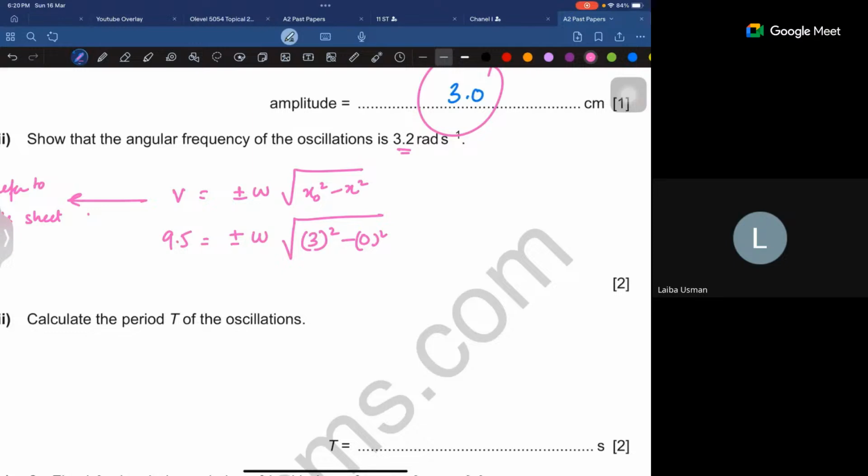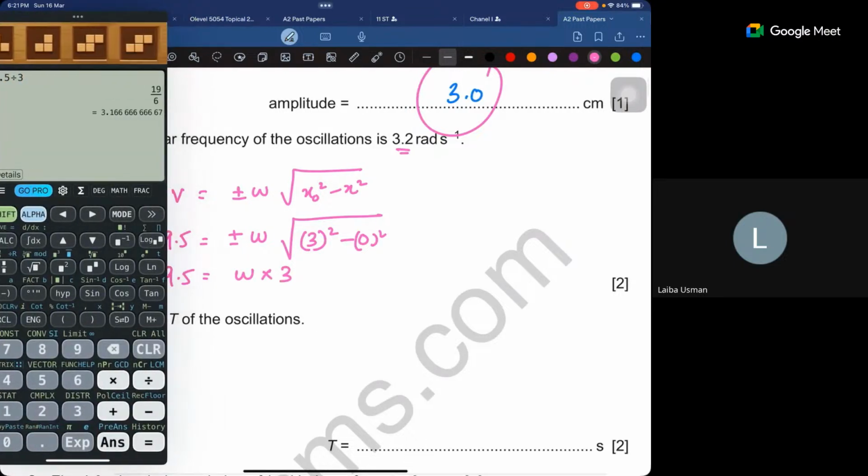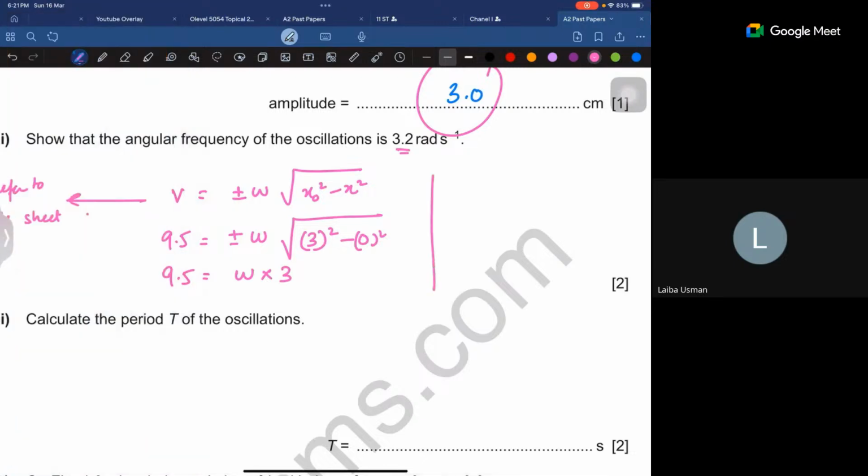So we're going to do this. 9.5 equals, when the root is removed, omega into 3. So 9.5 divided by 3 gives exactly 3.2 radians per second.